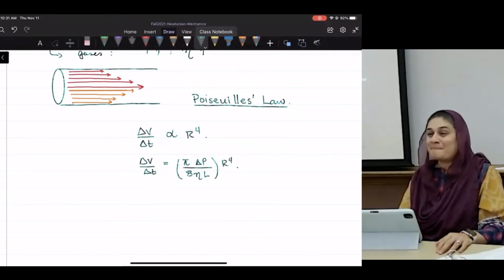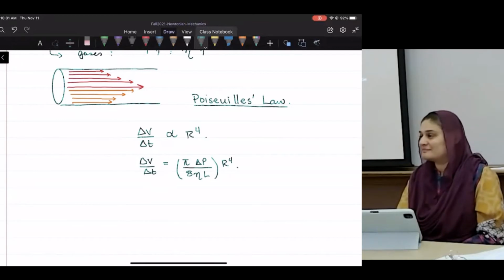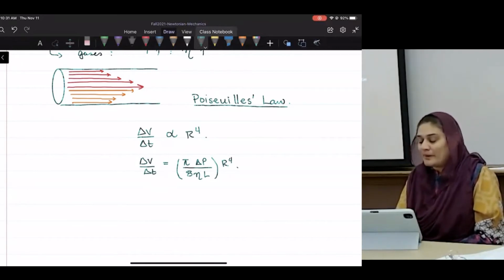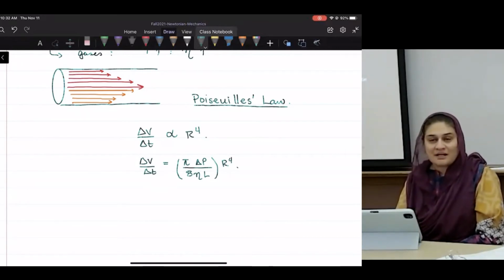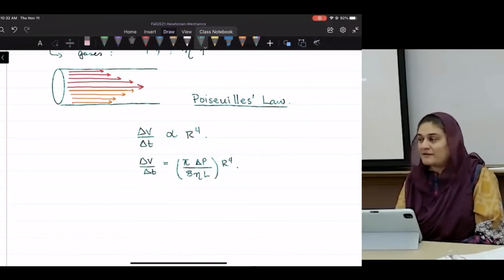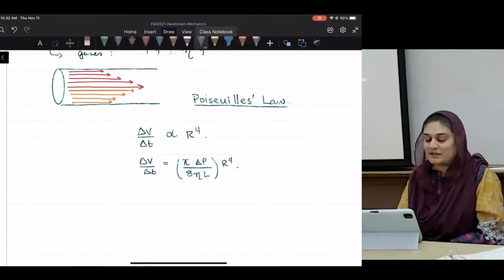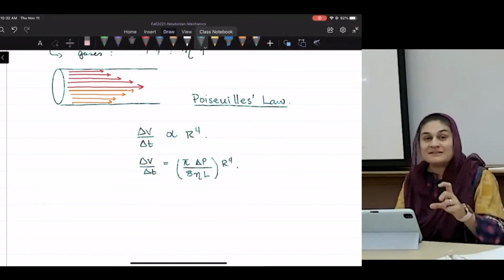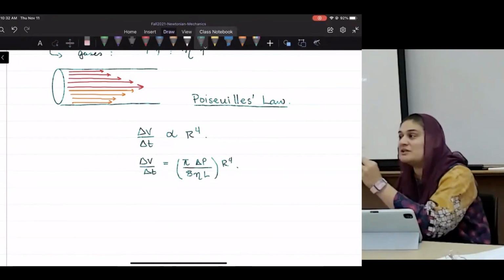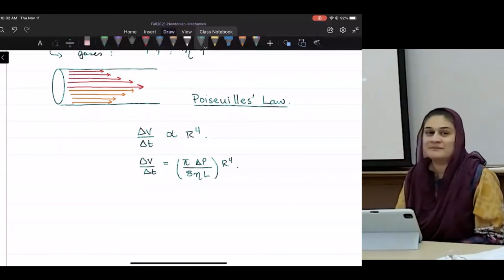Yep. How does he find that? Experimentally. Where eta is the viscosity, L is the length, P is the pressure, R is the radius of the tube he's using, delta V over delta T is the rate at which he wants to supply the fluid.